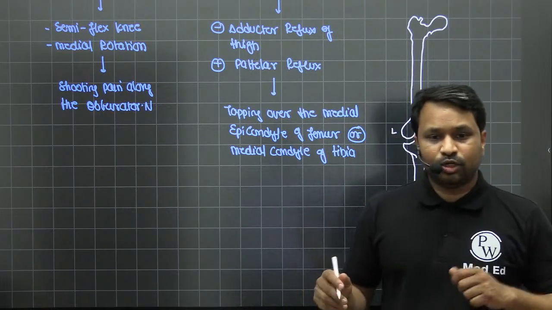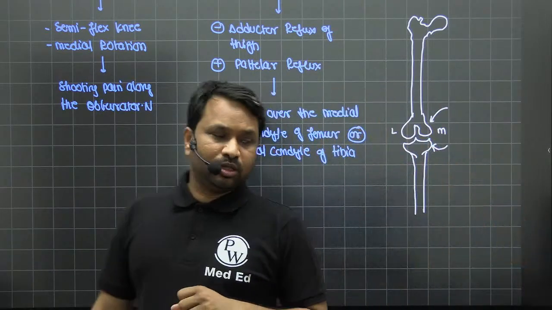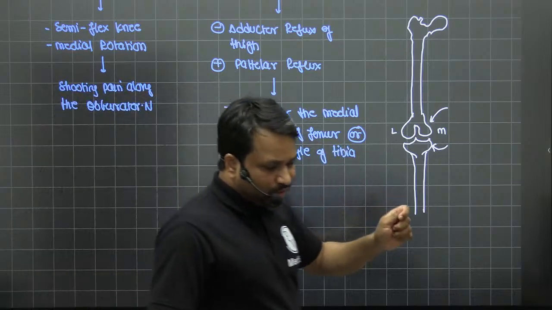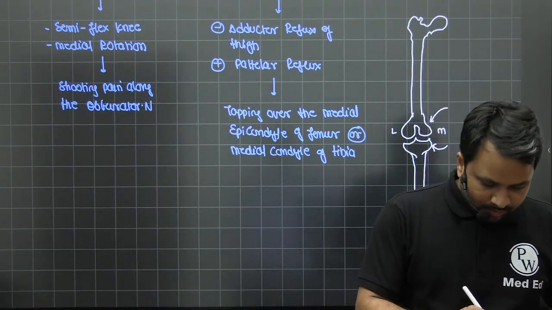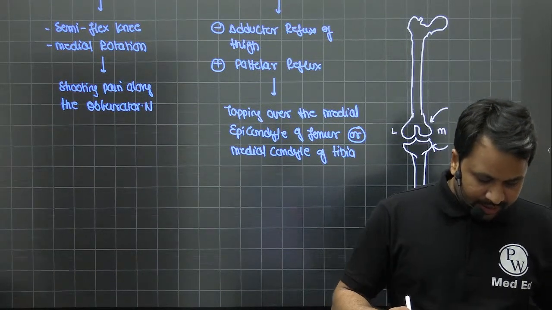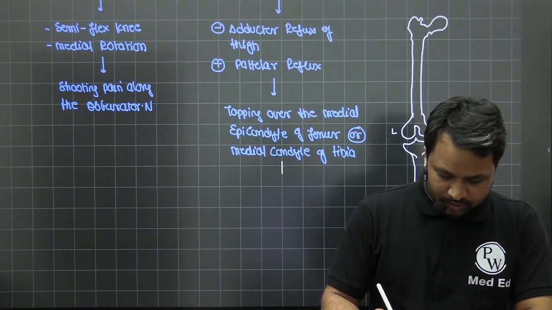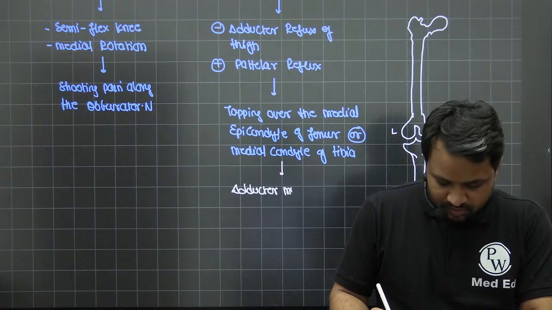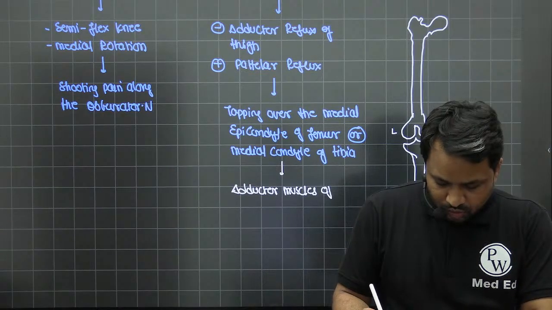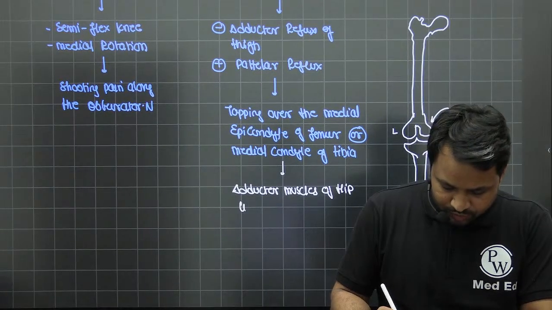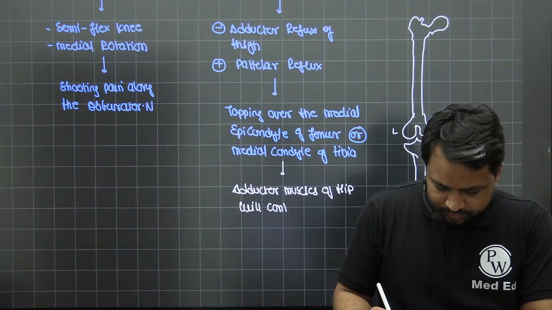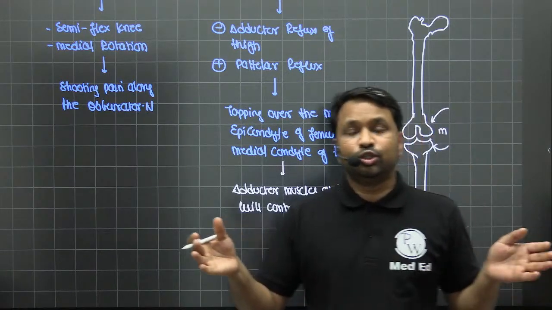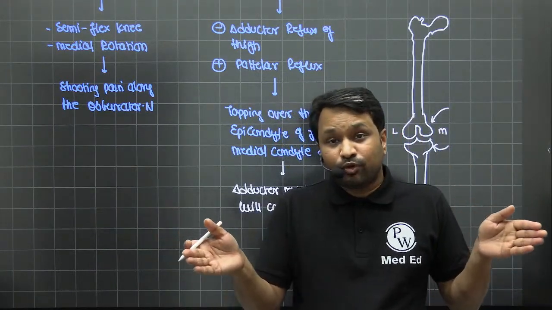So either you tap the medial epicondyle or the medial condyle of the tibia, and when you tap this, you should see that the adductor muscles of the hip contract. As they contract, you will see the knee joint move closer to the medial aspect.